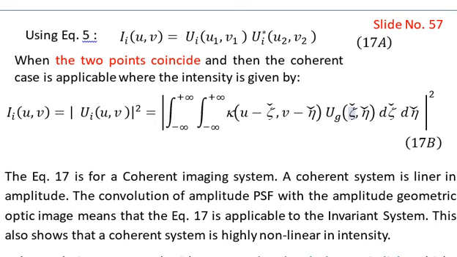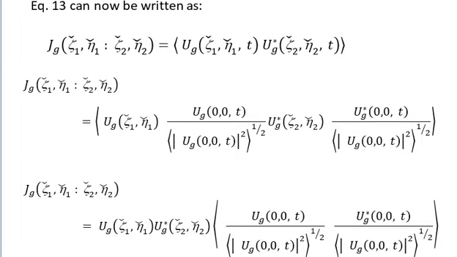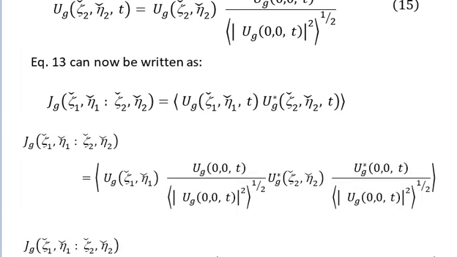And then the time averaging vanished, as in the case of the mutual intensity we wrote down for equation number 16, no time dependence is there. In the polychromatic case, as the first integral shows, where Jg is taken from this expression, Jg is time dependent. On the right hand side you can see that time is there.